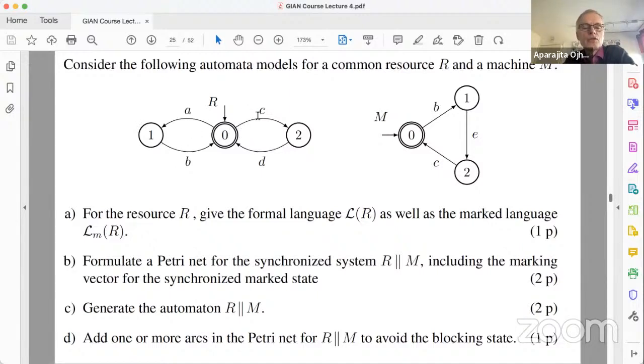But here the synchronization is that C and B are synchronized. So it's the return of the resource in its other duty that is synchronized with this machine.